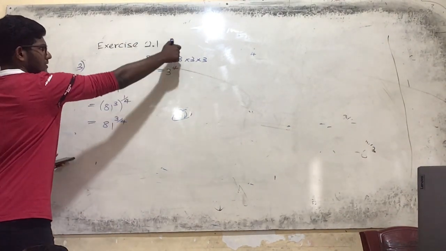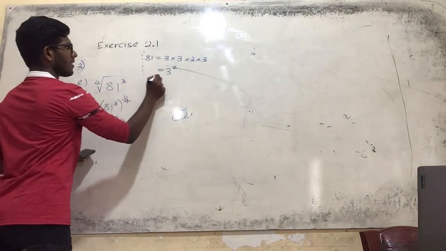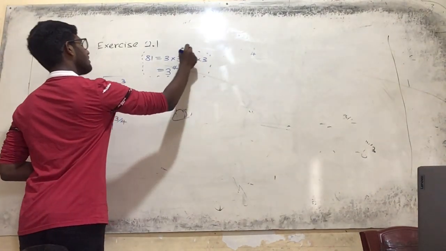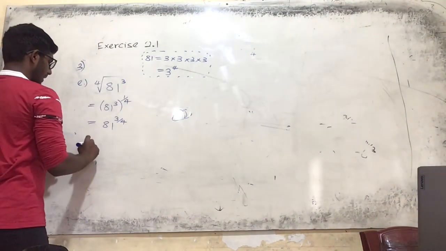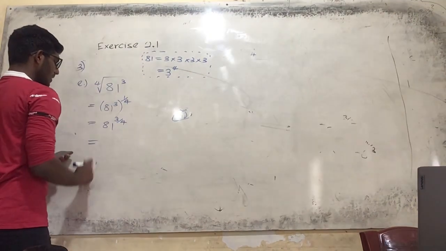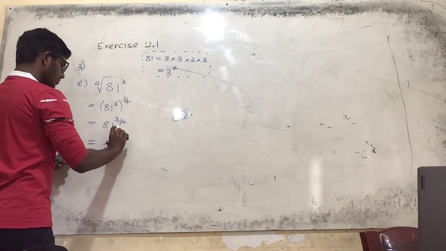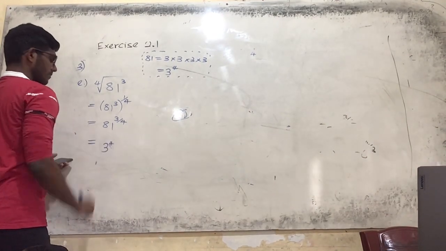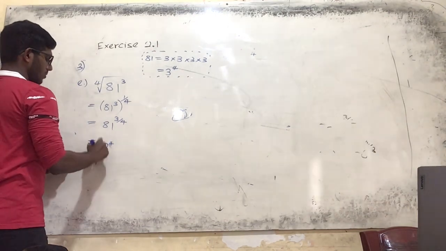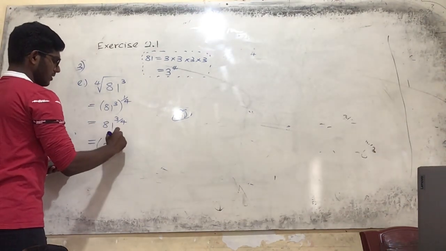So now you have to do this in your head. This time you have to do it from your head. Here, instead of 81, you can write 3 to the power 4. Instead of 81, I wrote this, and we have 81 to the power 3 also.